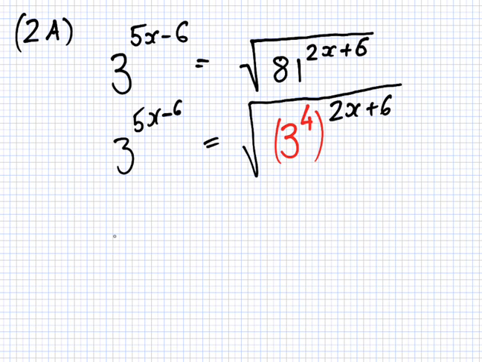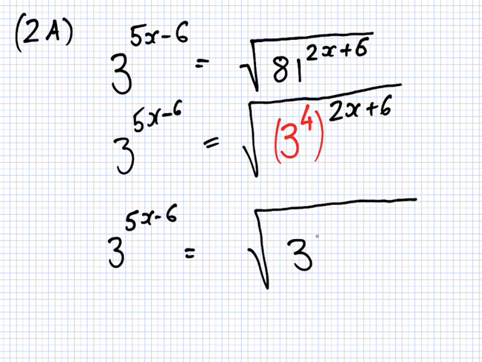Okay, now next, multiply it in. So this is 3 power 8x plus 24. So everything needs to be a half. Square root being a half is what's next.